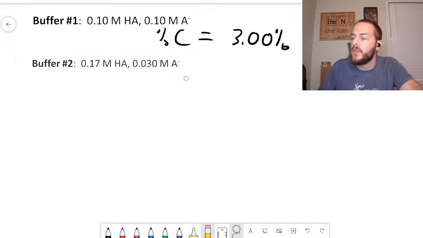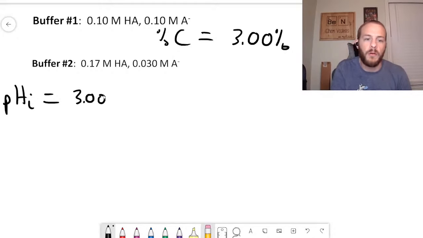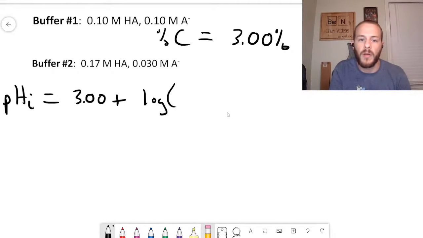So here we go. This is buffer number 2. We have 0.17 molar of the weak acid. We have 0.030 molar of the conjugate base of that weak acid. So we're going to calculate our initial pH. pH sub I is equal to the pKa, 3.00, plus the logarithm of concentration of base over concentration of acid.